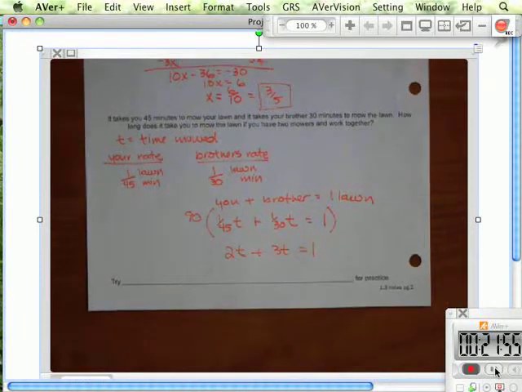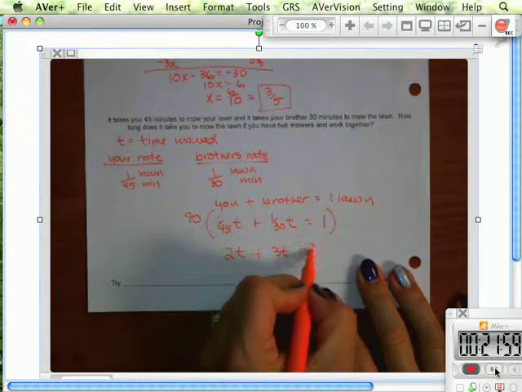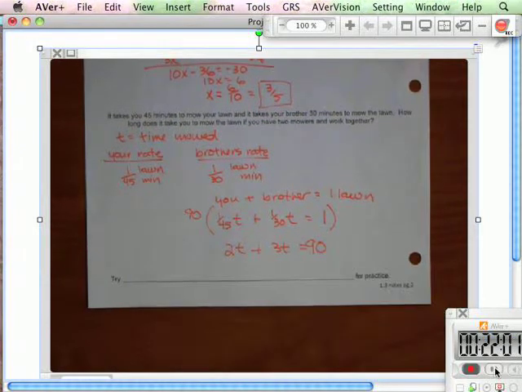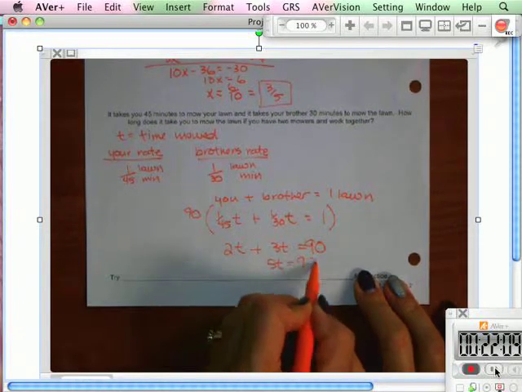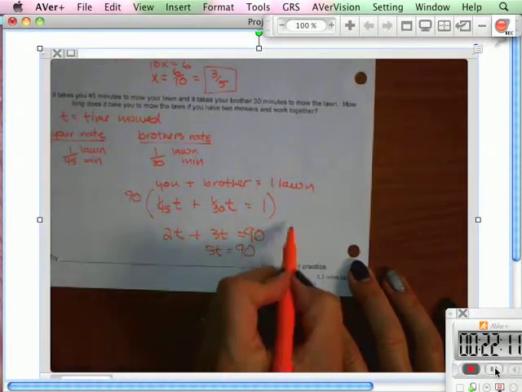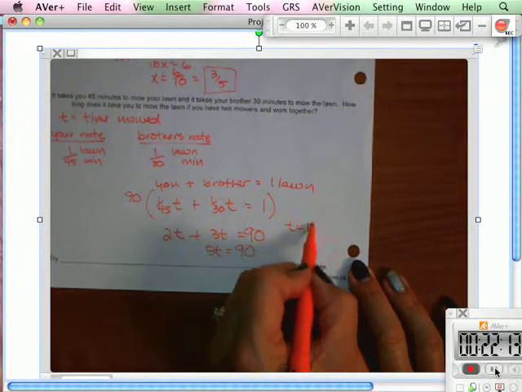Okay. So now I add these together. 5t equals 90. Divide by 5. It takes them together 18 minutes.